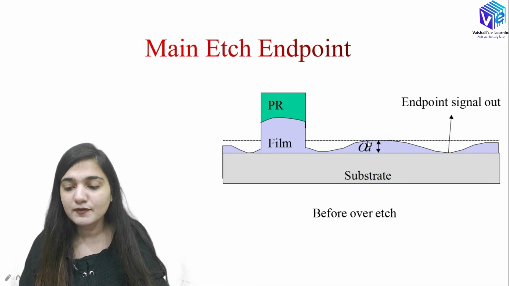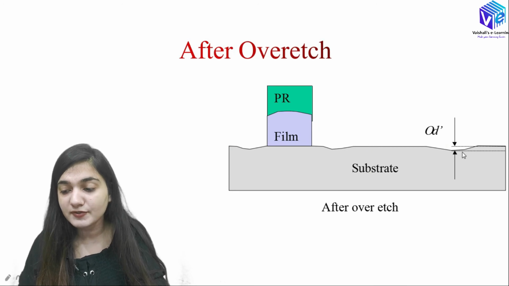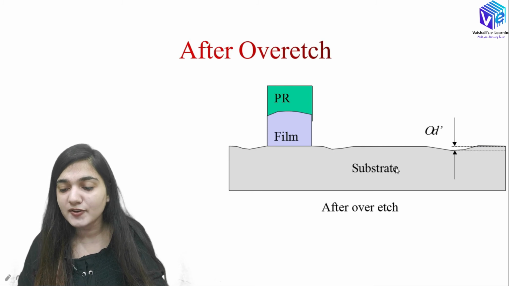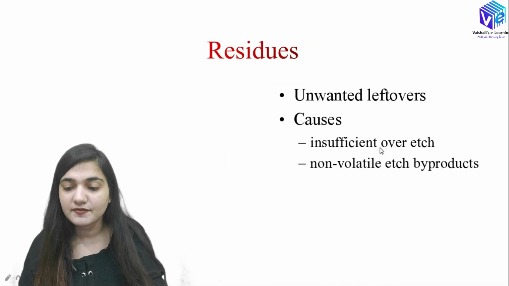So this also we want to remove, but when we have removed this material, you can see we have the over etching, that is we have removed the surface material also. So you can see this is the over etching process where we have removed the surface.